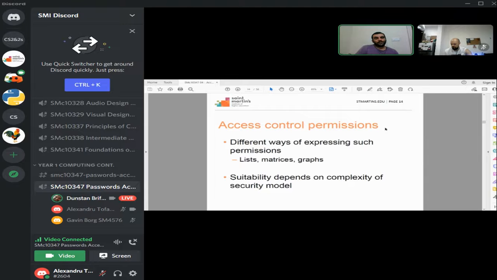In fact, while there are established models, a lot of companies tend to adapt. When we see some of the models, we are going to note that there is quite a comprehensive list of access control models.